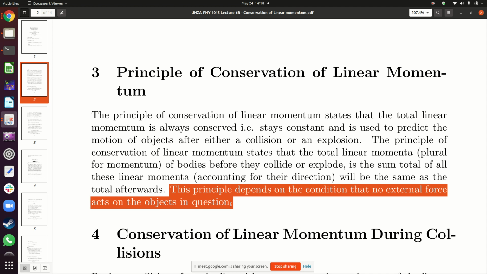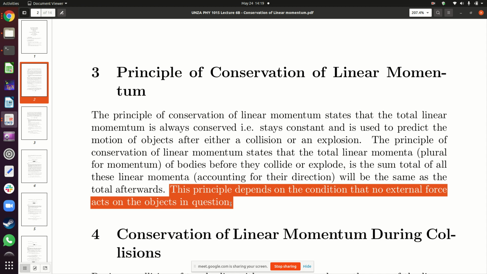So you cannot apply the conservation of linear momentum when the velocity of the objects involved, whether they are about to collide or exploding, is changing. If there is acceleration, then you can't apply this conservation of linear momentum.